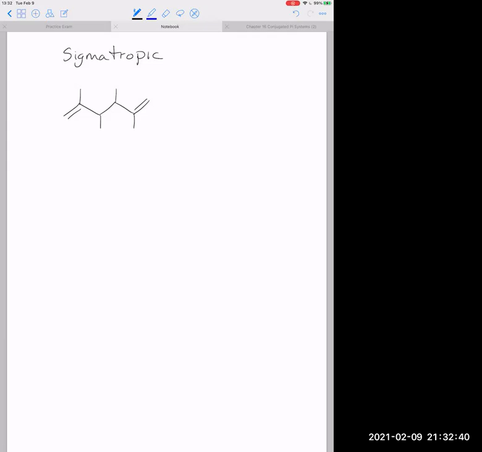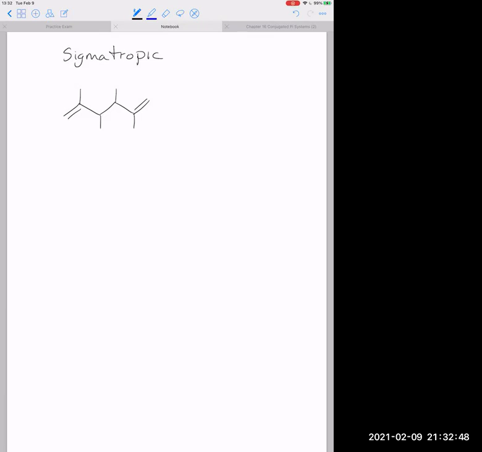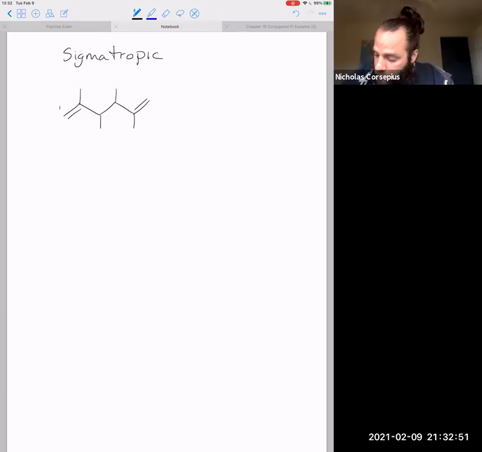Cis, like the s-cis. It would be s-cis if these double bonds were 2 apart, but it's actually a little bit different for the sigmatropic. Remember, sigmatropic reactions happen when your double bonds are perfectly spaced 1,5. And so you're going to need to kink this into basically a hexagon shape.